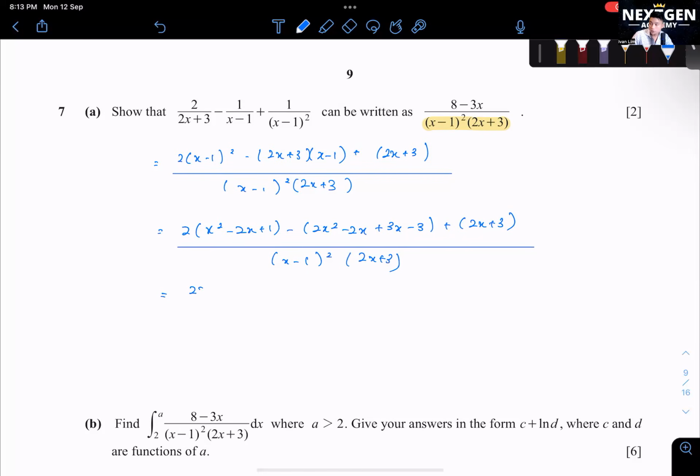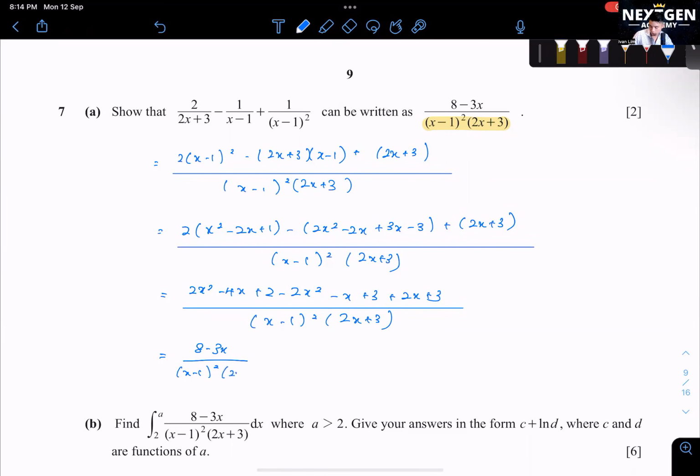Open up more: 2x squared minus 4x plus 2 minus 2x squared minus x plus 3 plus 2x plus 3, over x minus 1 square times 2x plus 3. Then go and simplify it: 8 minus 3x over x minus 1 square times 2x plus 3. And right here, shown or proven.